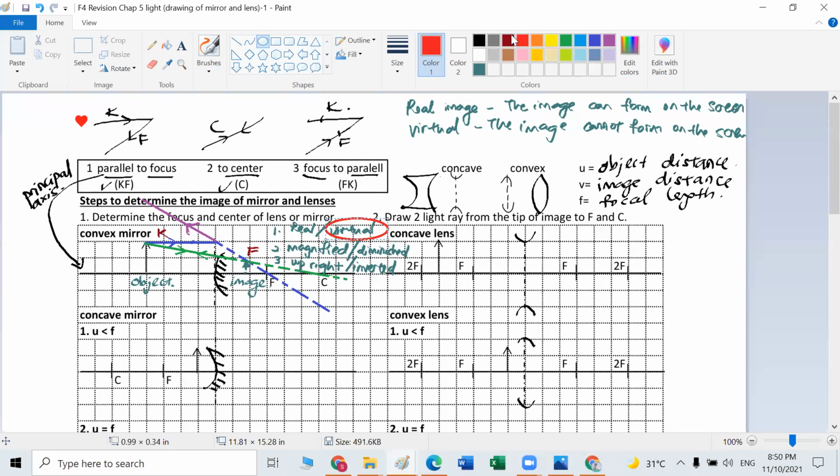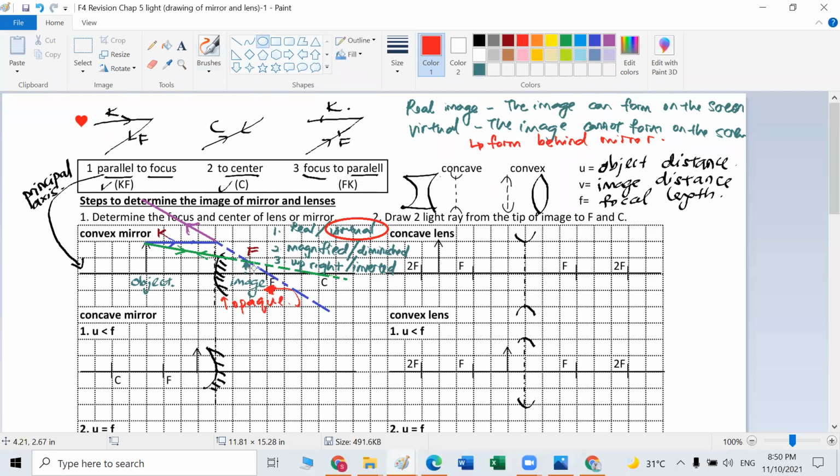Another way also we can say virtual means formed behind the mirror. We suppose not seeing any image behind the mirror because opaque, cannot see. So this image cannot be real, cannot be posted to form on the screen.